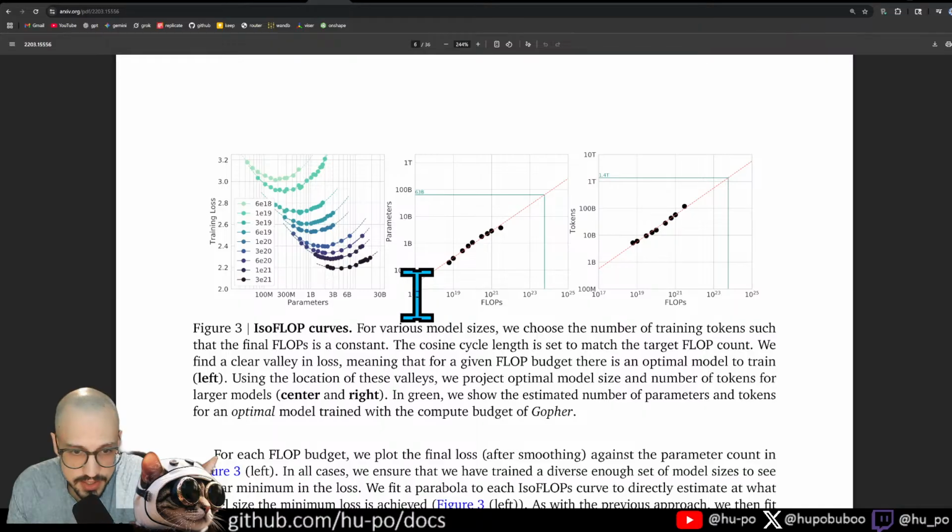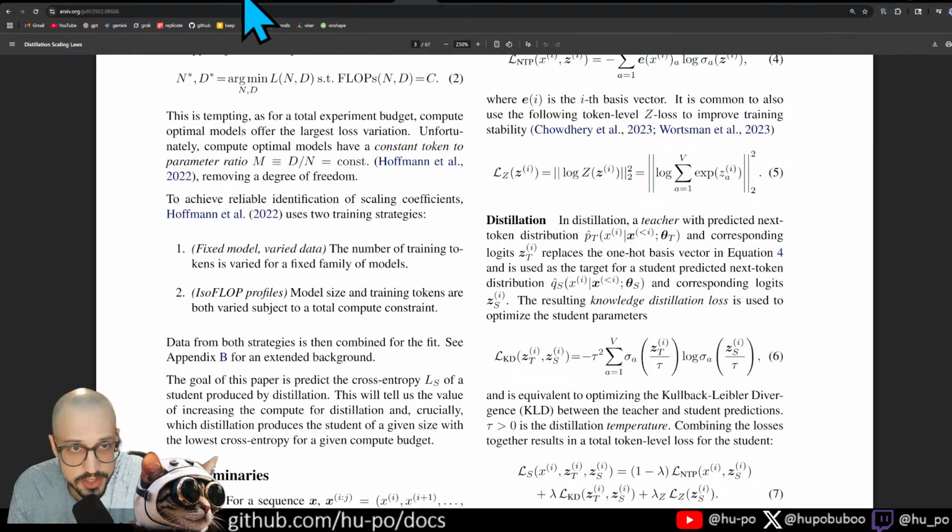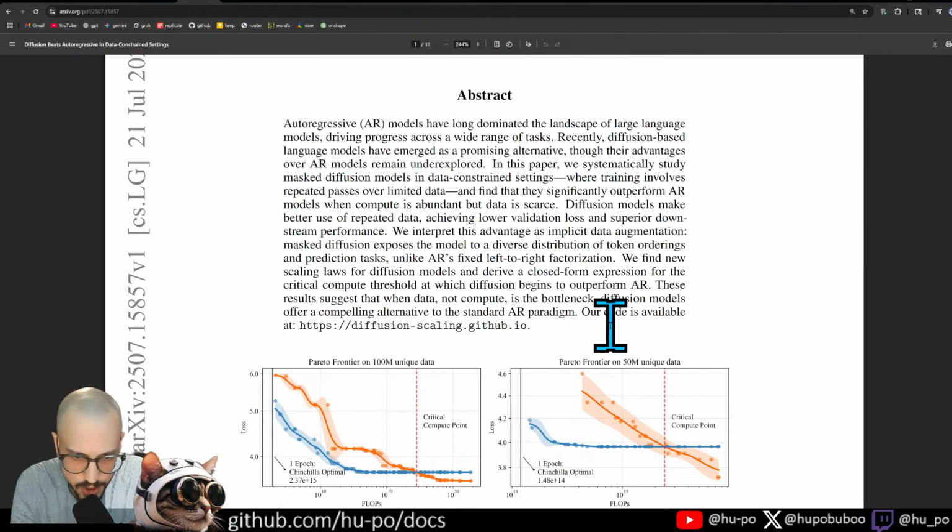Similar to the Chinchilla scaling law paper, similar to the distillation scaling law paper, where they're showing that if you take a bunch of models, some autoregressive, some diffusion, and you train them on the same data set for one epoch, more epochs, 100 epochs, which is how many times you're training on the same data set, there seems to be this pattern that diffusion models can extract more juice from that data than autoregressive models.